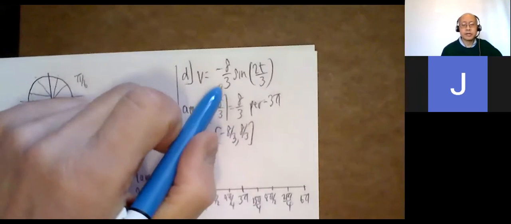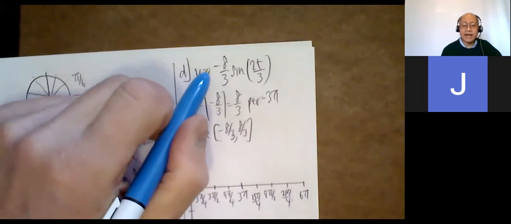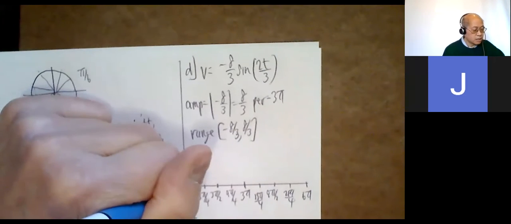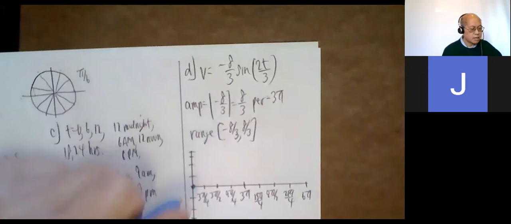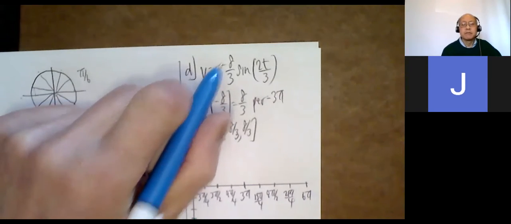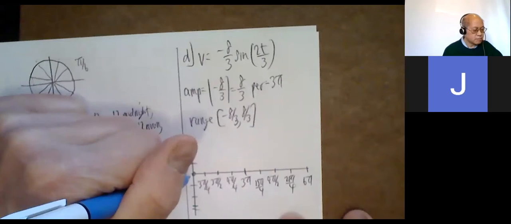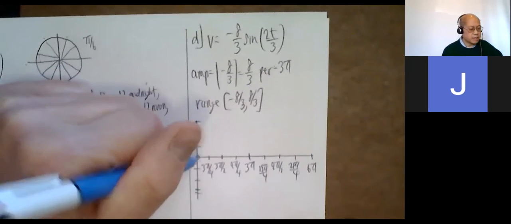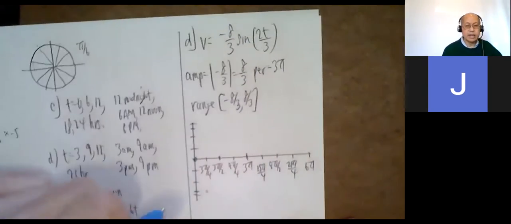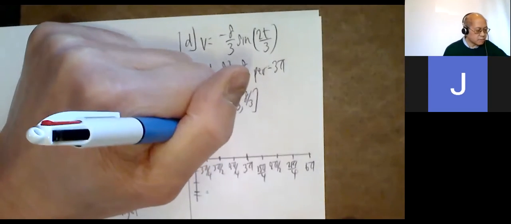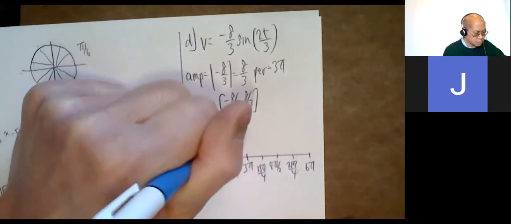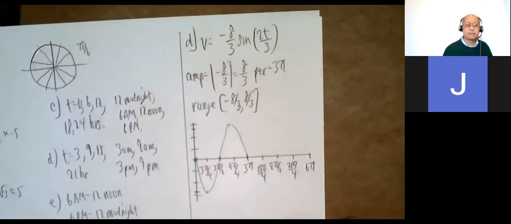All right, we're doing a sine function. There's a negative. So negative means it starts at the midline. If A is positive, I start up, but it's negative, so I start down. So midline, minimum, midline, maximum, midline. Okay.